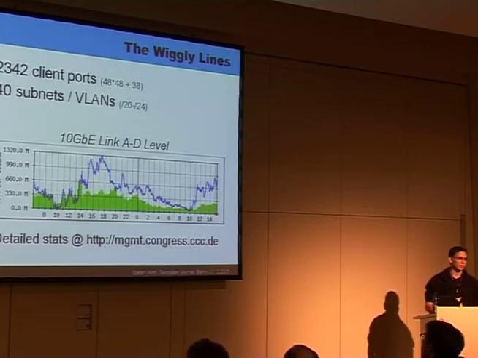These were subnets with prefixes of /20 or /24. This one is just an example of one of the traffic graphs from the 10 gigabit link from A to D. And you see, it's a reasonable amount of traffic. As we published before, you can see all the detailed stats at the management site. The URL is at the bottom, if you're interested.